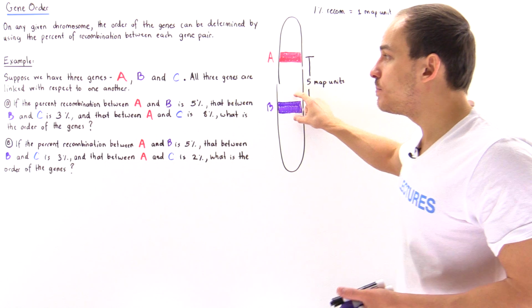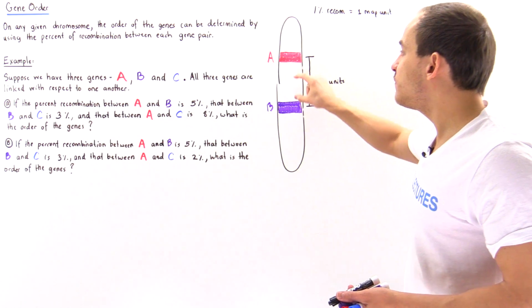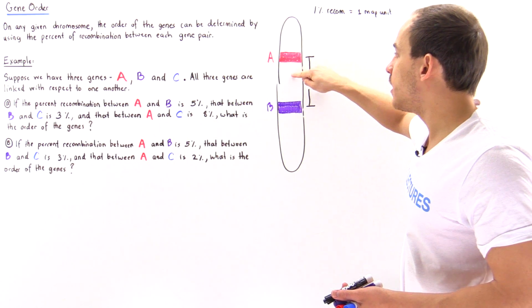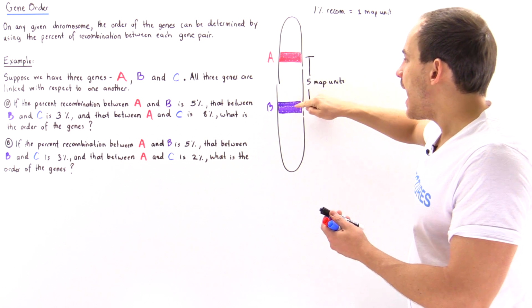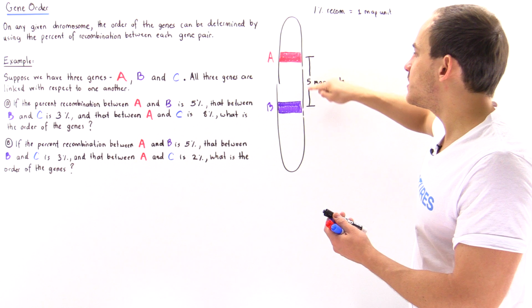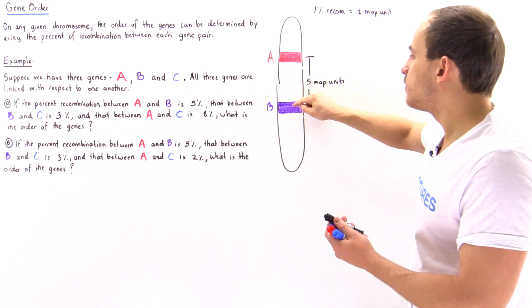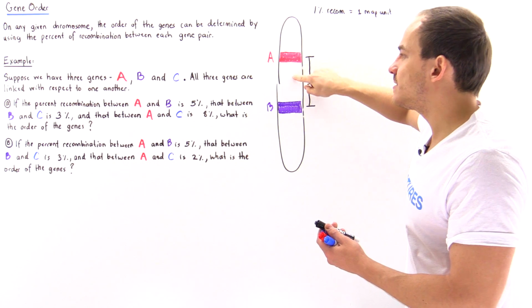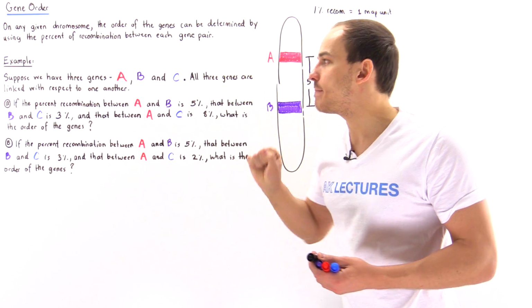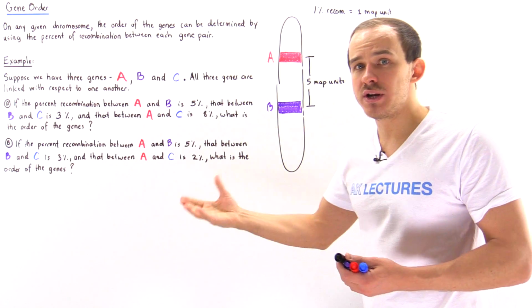Notice if we place C above B, 3 units above B, it's going to lie somewhere here. Because this total distance is 5 map units, placing it above B means the distance between A and C would be only 2 map units, because 5 minus 3 is 2.